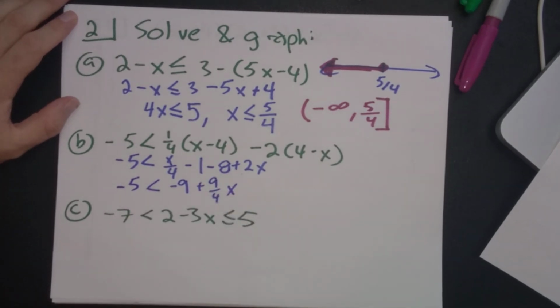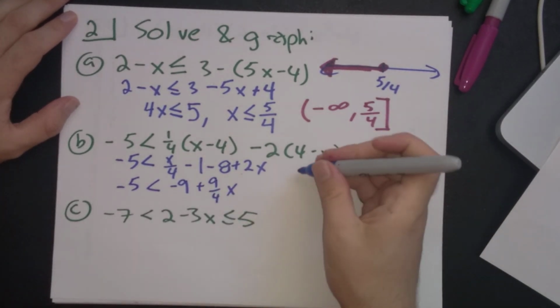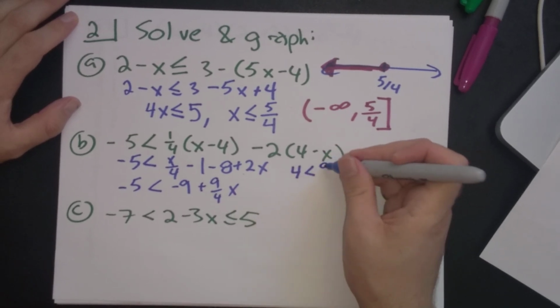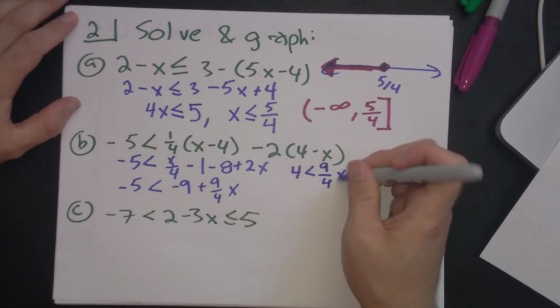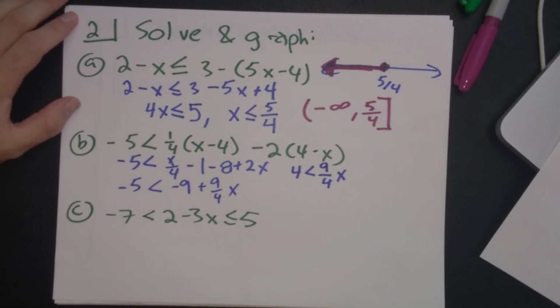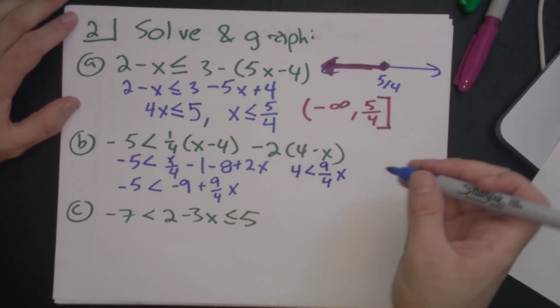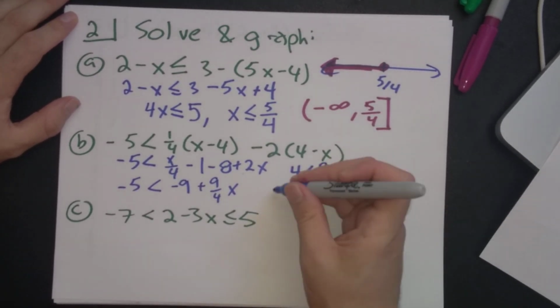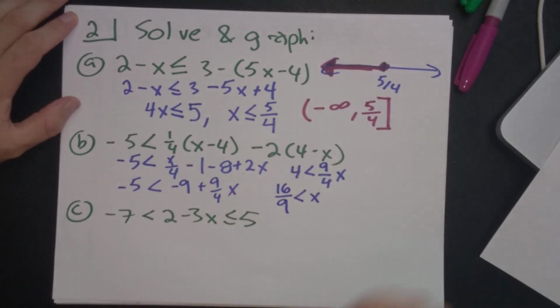We add -9 to both sides to get 4 is strictly less than 9/4 x. And multiplying by 4/9, equivalently dividing by 9/4, shows us that x is strictly bigger than 16/9.